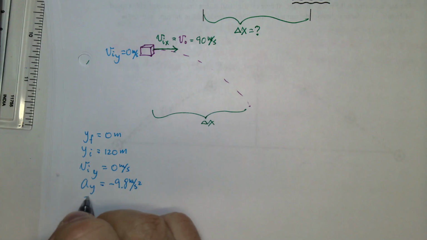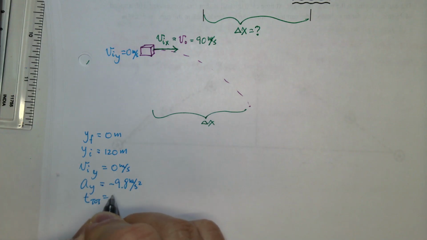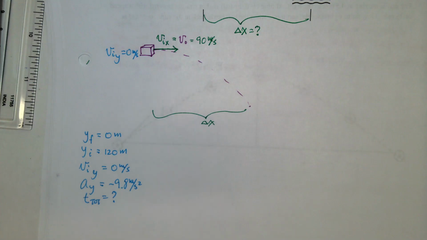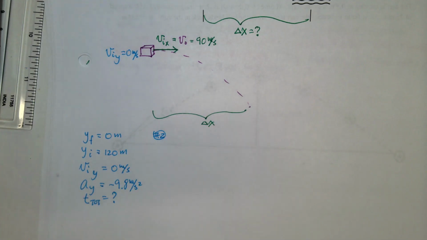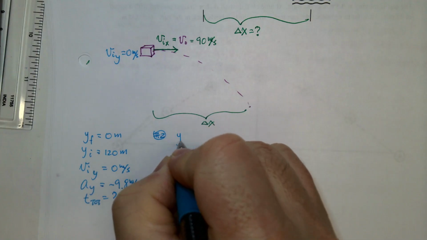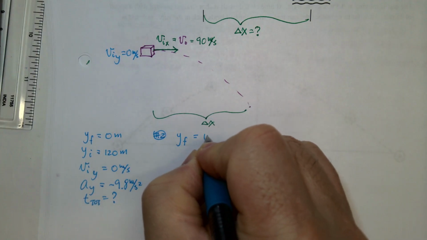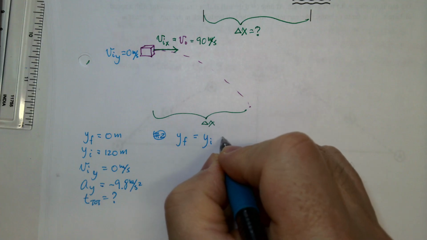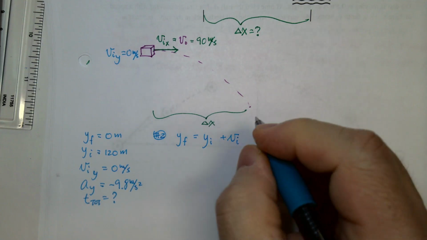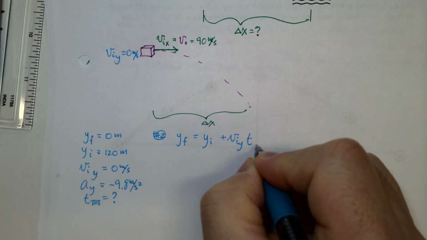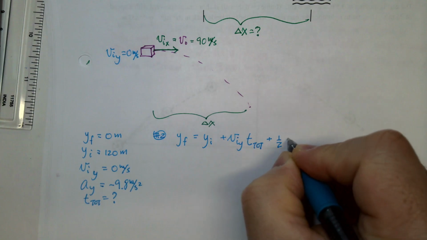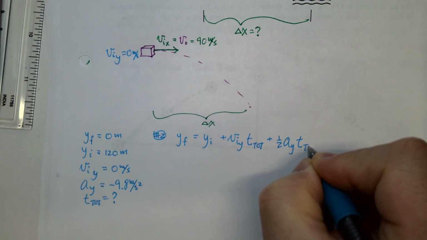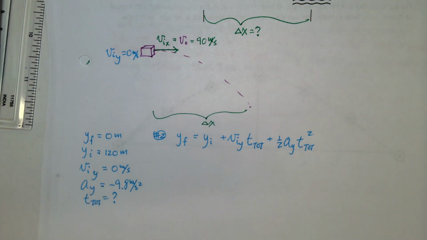What I'm looking for is the t total for how much the package is going to stay in the air. It looks like equation number 2 will work out very nicely. So here, my y final is equal to y initial plus Viy t total plus 1/2 a sub y times t total squared.